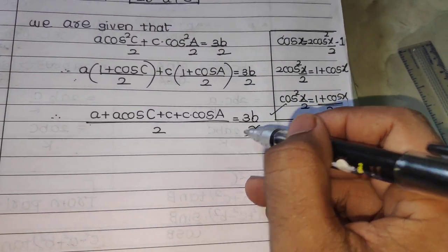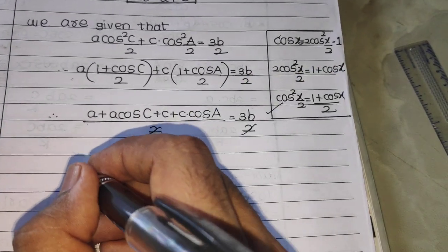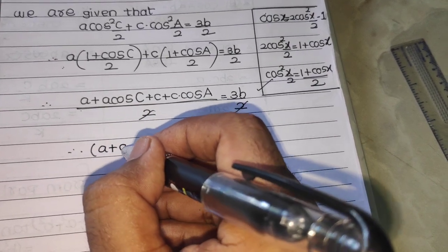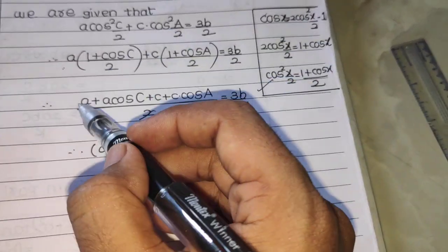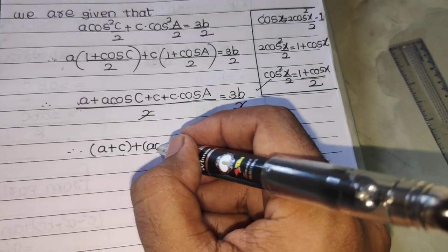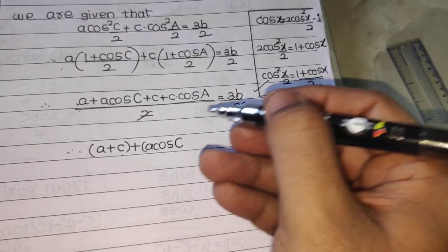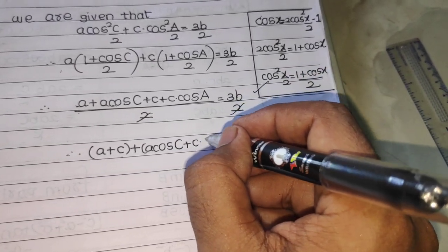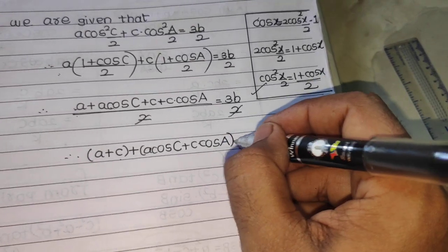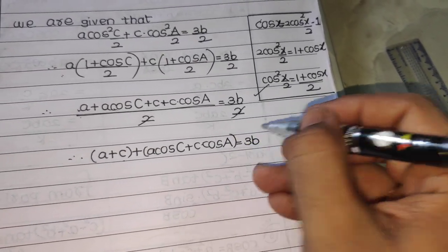On both sides this 2 gets cancelled, and what we are left with is a plus c, and the remaining gives us a cos C plus c cos A, which is equal to thrice of b.